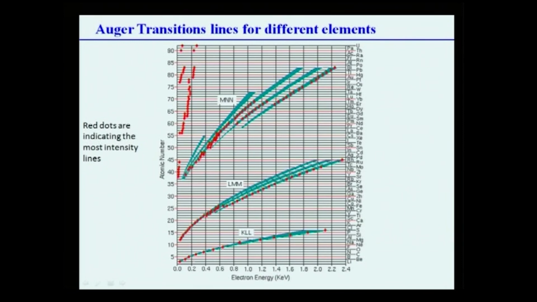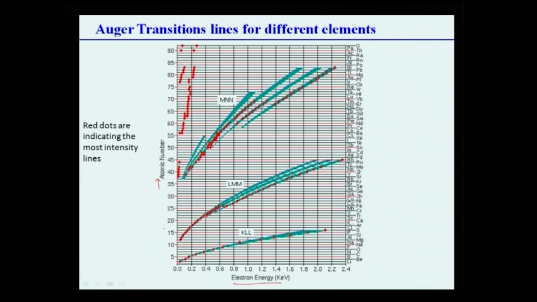Auger transition lines for different elements can be plotted like this. This is atomic number versus electron energy, and there are different elements starting from lithium to uranium. What you see here are KLL transitions, LMM transitions, MMM transitions and so on. Red dots indicate the most intense lines seen in the spectrum. We can observe KLL transitions till sulfur, because the energy levels are small when the atomic numbers are small.